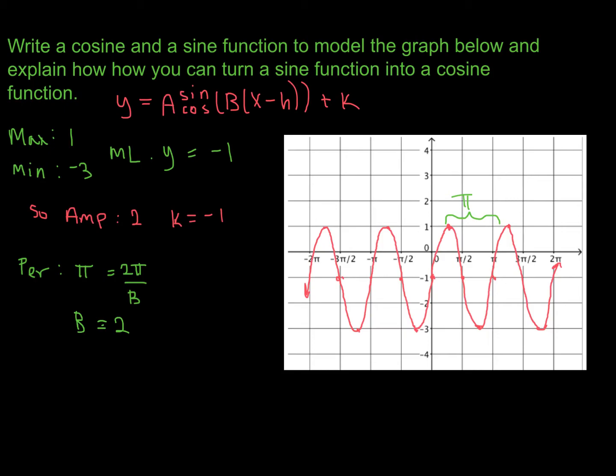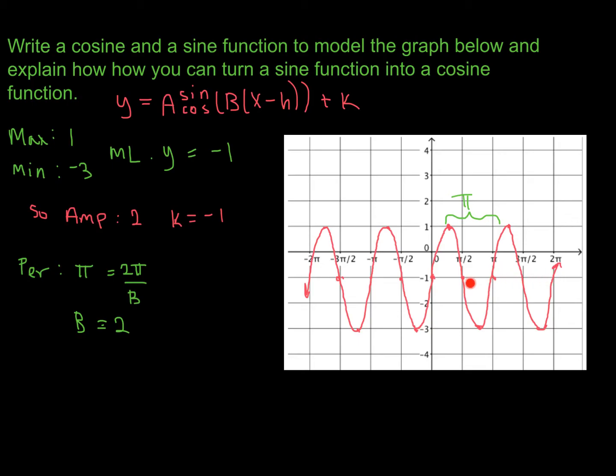Now, the next thing to decide is whether or not it's easiest to use a sine or a cosine function. And remember, the way that we think about this is by looking at the phase shift and thinking about how sine or cosine usually works if there's no phase shift. So if there's no phase shift, a sine function will have a y-intercept at the midline and then increase. Well, let's see if that works.